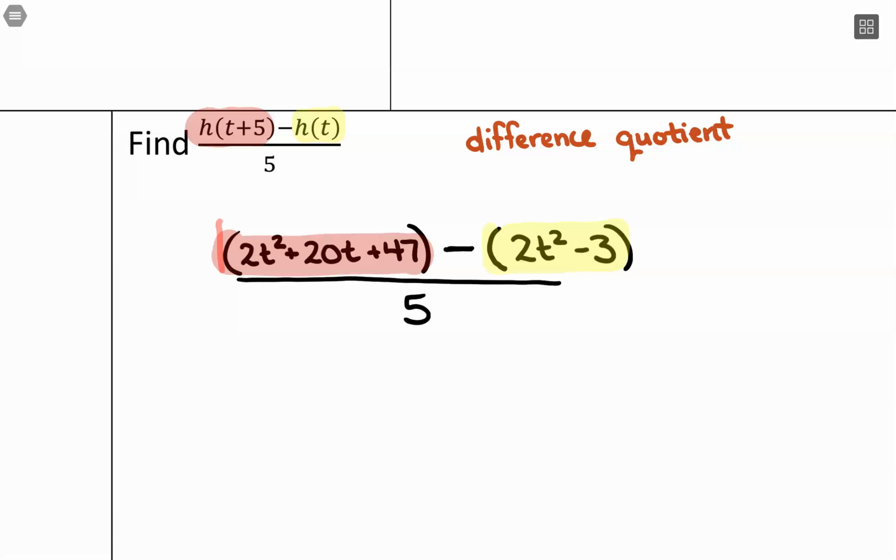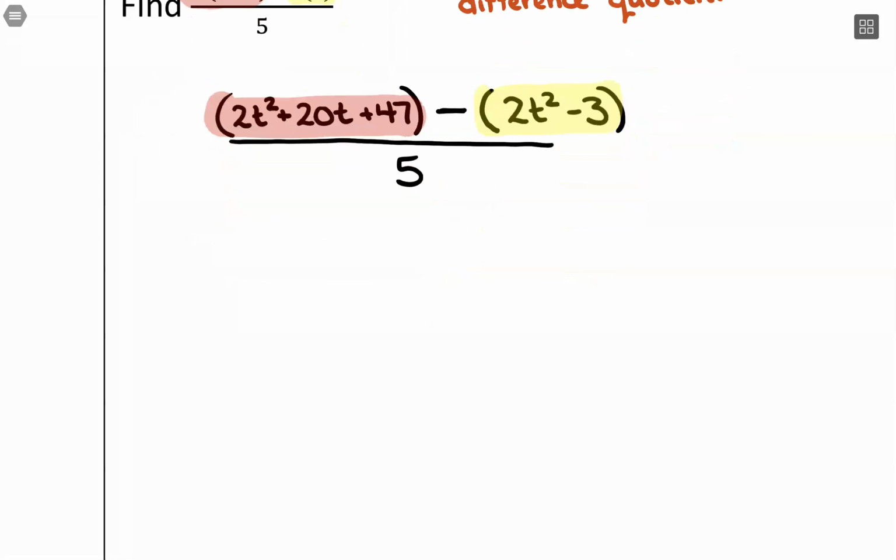So what we need to do is simplify the numerator here by subtracting these polynomials. So the first expression is just 2t squared plus 20t plus 47. And then minus, so I need to distribute the negative in there.